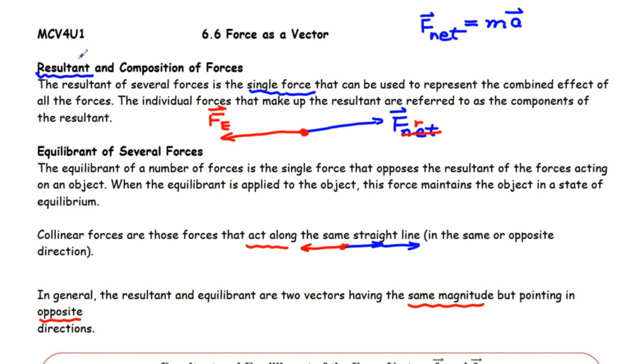And we have several terms. Resultant force is the sum of the several forces. The combined effect of all forces is a single force, and the composition of forces are the components of the applied forces. Equilibrium force is opposite to the resultant force.